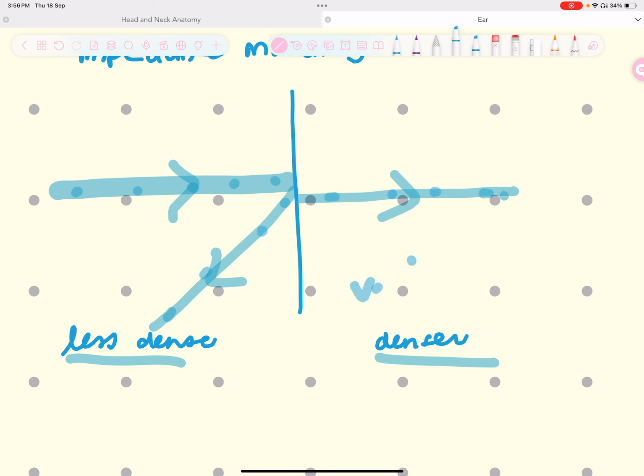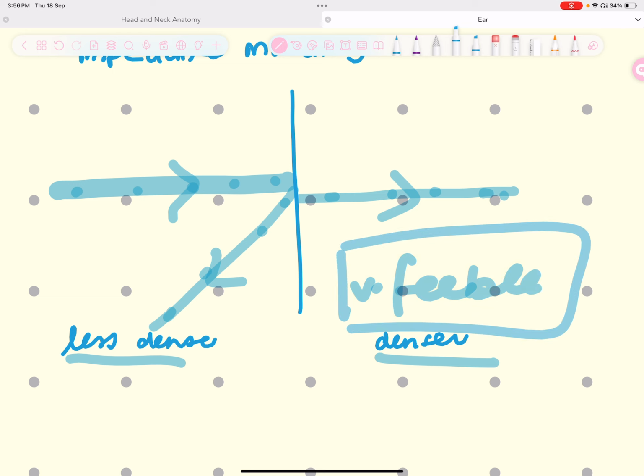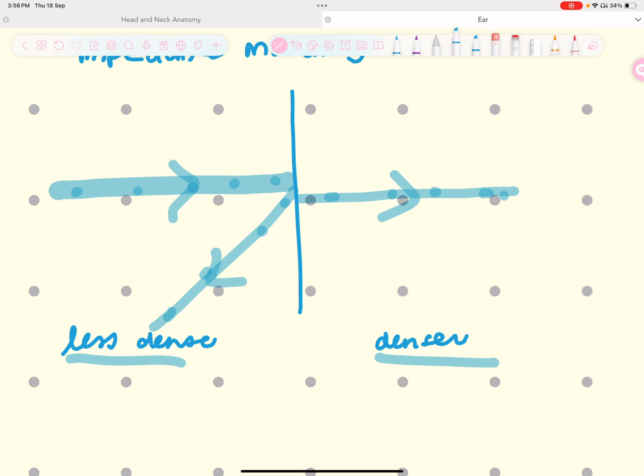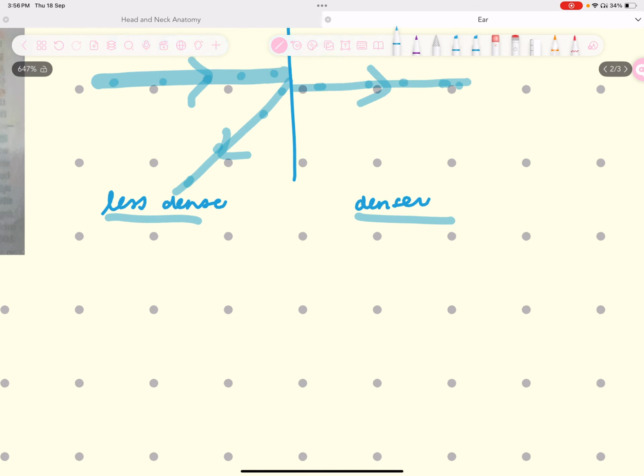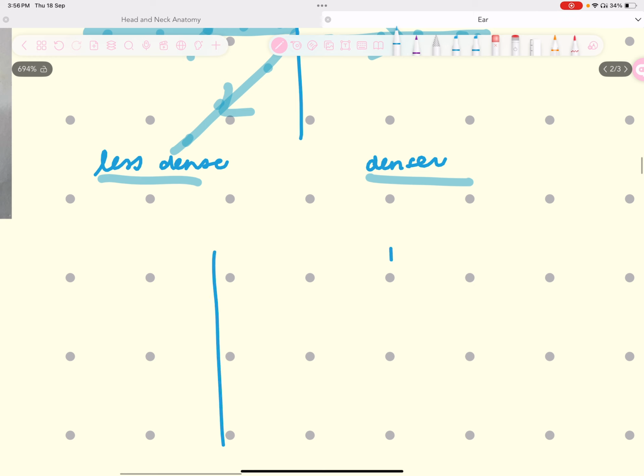So you're hearing a very feeble sound. If our ear didn't know how to tackle this, you would be hearing a very feeble sound. But our ear is designed in such a way that it knows how to tackle this with the help of impedance matching, which is done by our tympanic membrane and the ossicles.